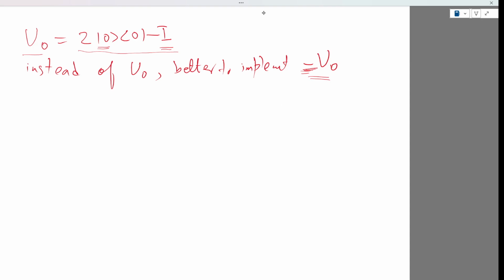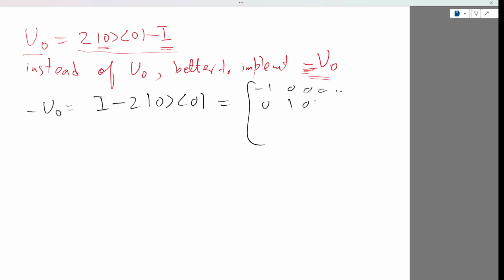Now that is easier, because minus U naught is I minus 2|0⟩⟨0|. So this is just a gate that I can expand like this, minus 1 0 0 0 0 1, and so on, because it's just from identity I have to deduct this operator.